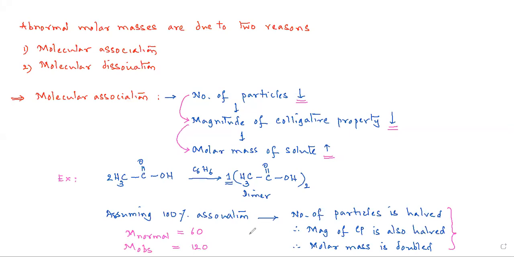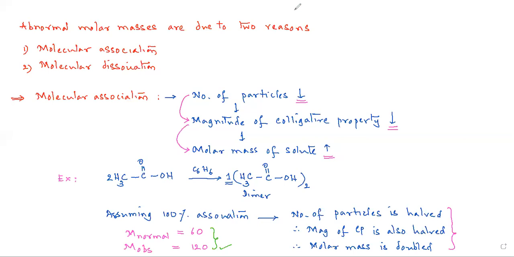This is what we considered as abnormal molar mass. It has to be 60, but is observed to be 120. Okay, so this is all because of association.